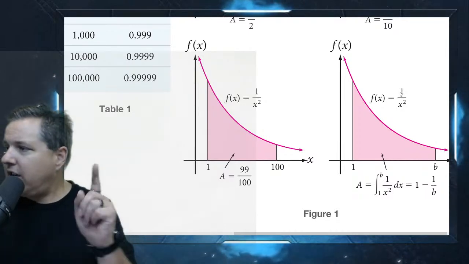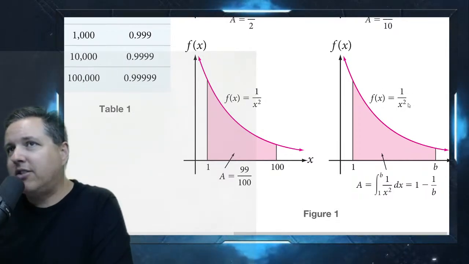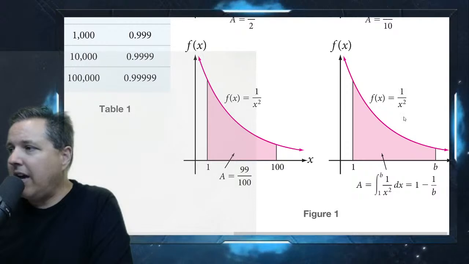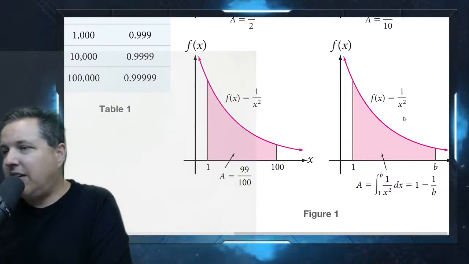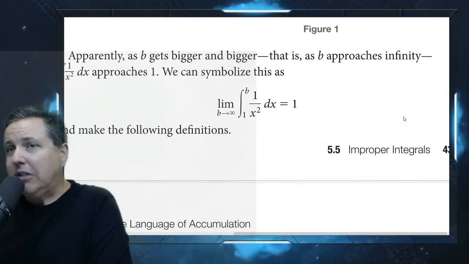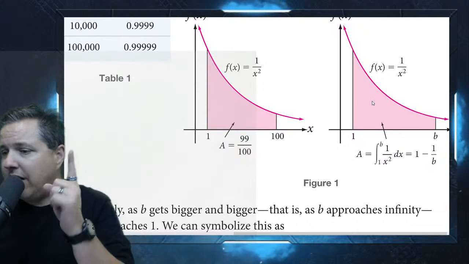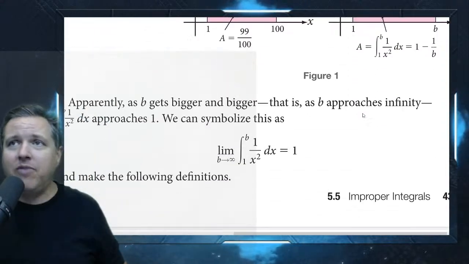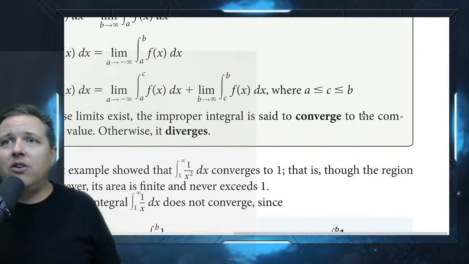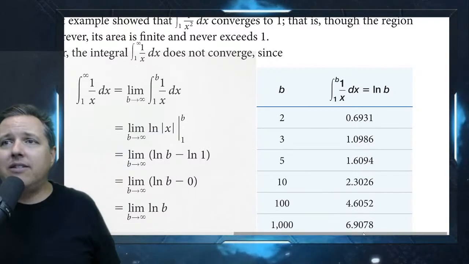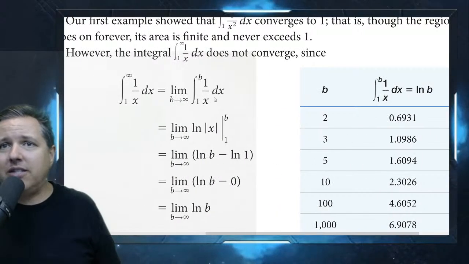But if you just change this function from 1 over x squared to 1 over x, all of a sudden it doesn't work anymore. The integral does what we call diverging. Up here it was converging because we got a finite number for our answer, 1. Down here, 1 over x diverges.